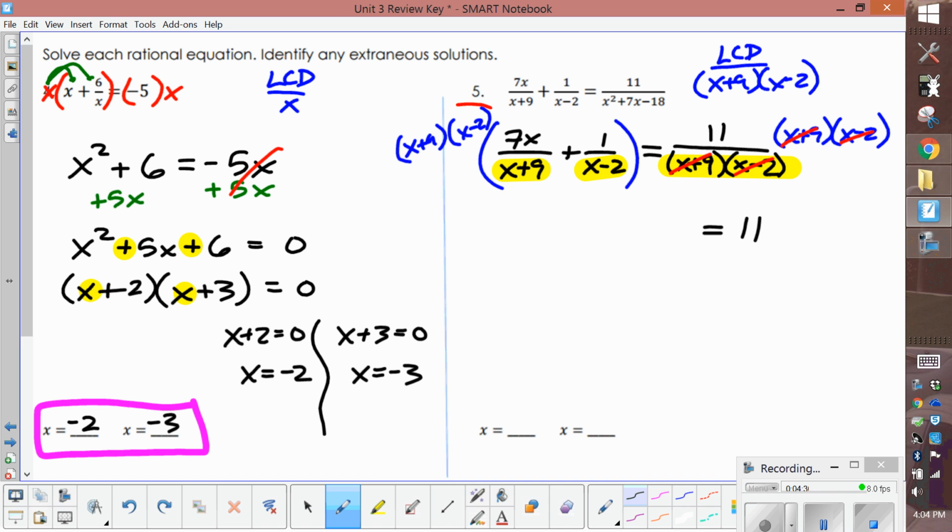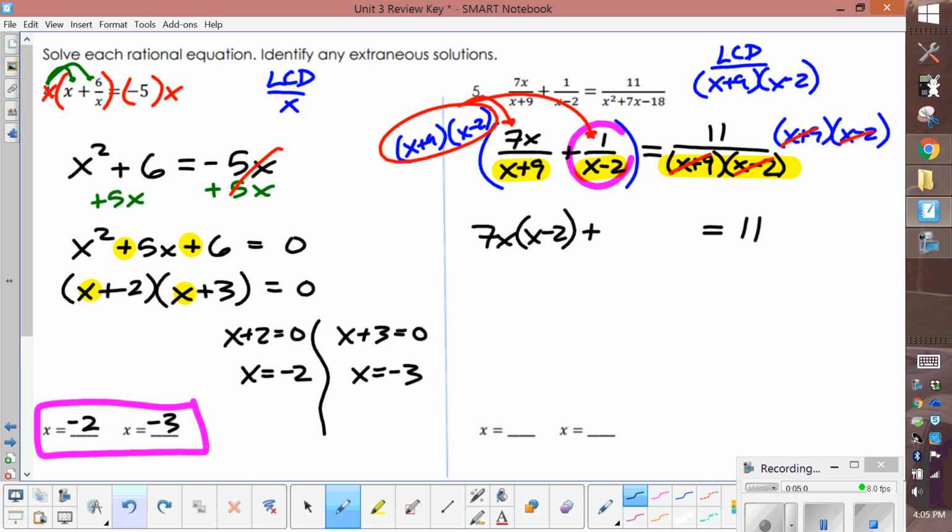Now on the left side, I need to distribute all of this in. Right there and right there. Now, if I'm looking at this first set of terms right here, if I were to distribute this in, hopefully you notice the plus 9s would go away. And I would be left with 7x times x minus 2 plus.